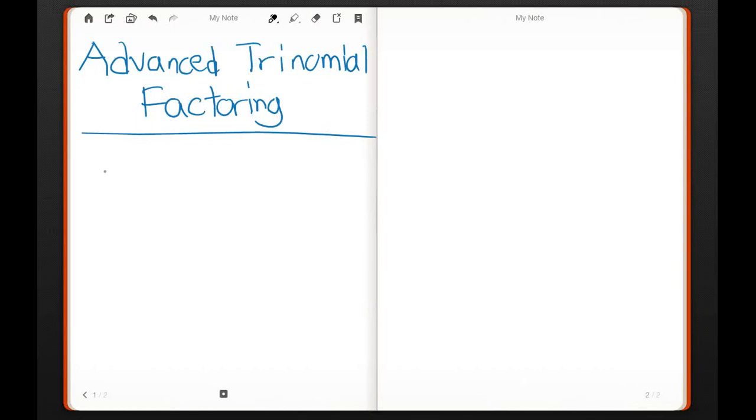All right, let's continue with trinomial factoring. The factoring I'm going to do in this video is going to be a lot more difficult because we now have a coefficient in front of the x squared term as well.